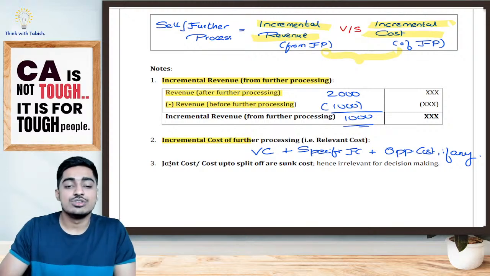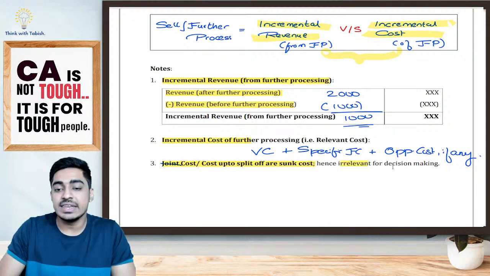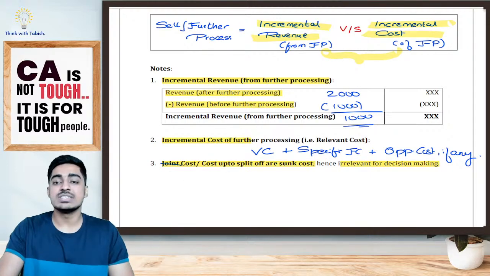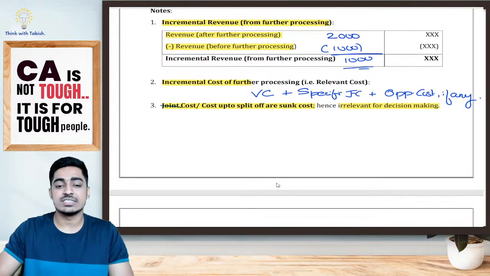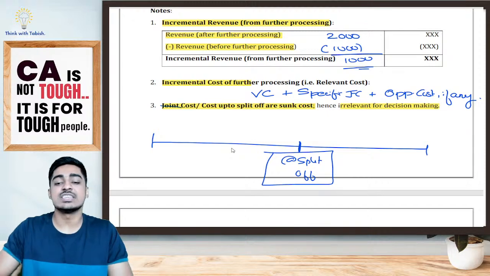And one more thing, joint cost or cost up to split off are sunk cost and hence are irrelevant for decision. What is the joint cost? It generally comes in case of joint product and by-product. This is the split off stage.